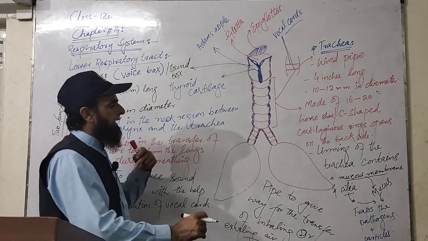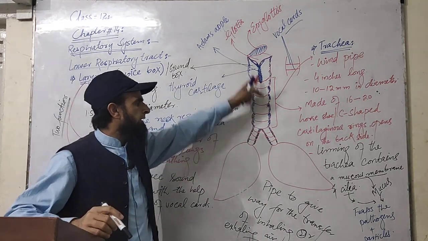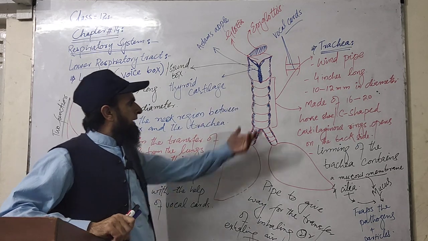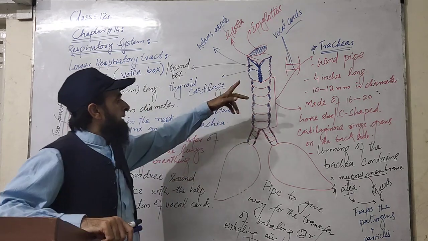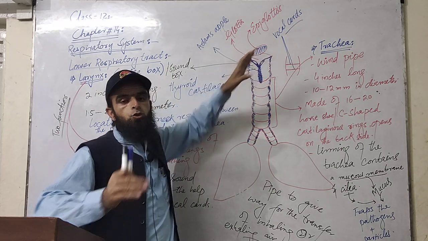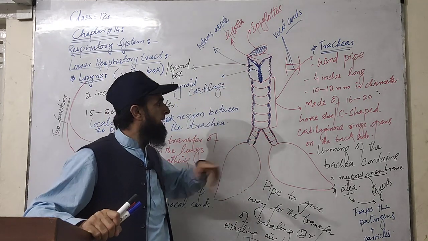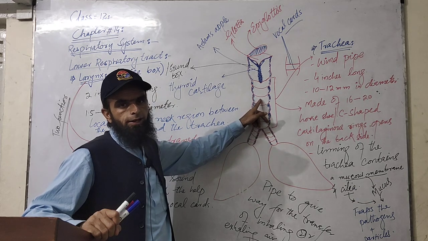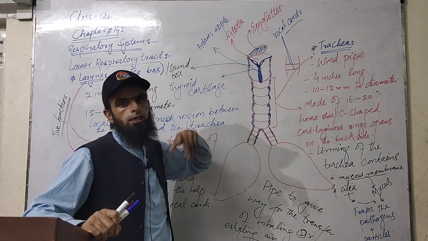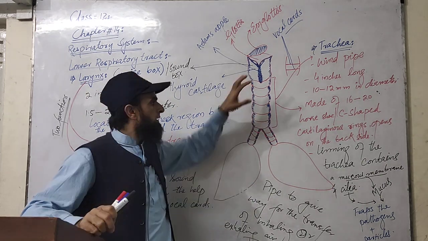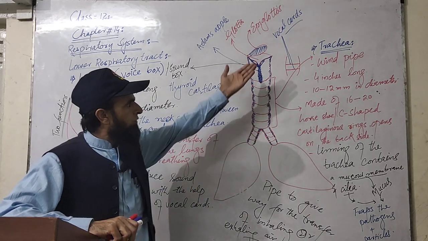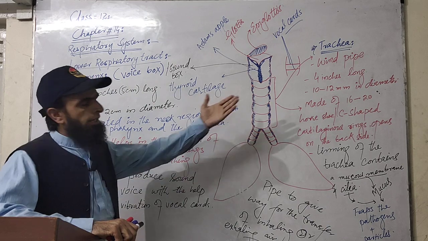So when the air is inhaled or exhaled, the trachea helps in the transfer of that air from or towards the lungs. Okay, the C shape: as I have told you, the cartilaginous or bony structure in the larynx helps to prevent it from collapsing. Similarly, the C-shaped cartilaginous rings also help in preventing the whole trachea from collapsing. So that is the function of the C-shaped rings, and this is the whole story about the larynx and trachea.